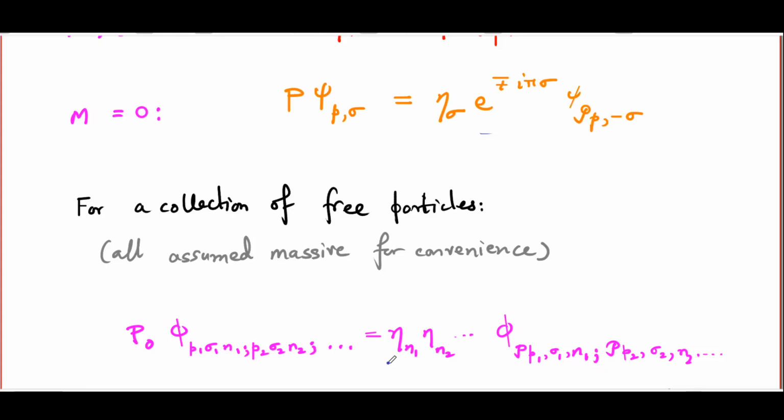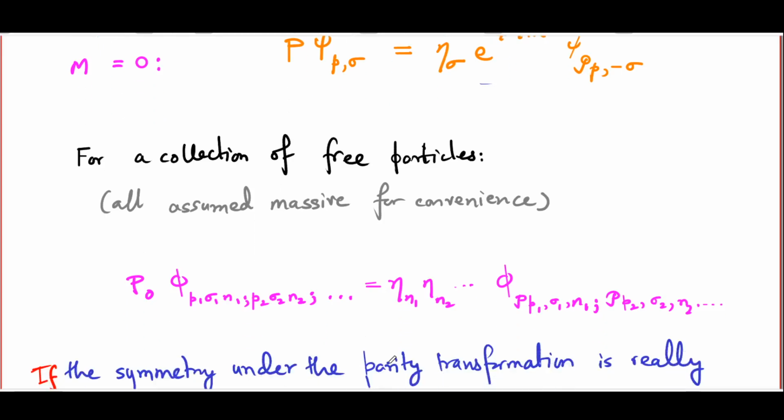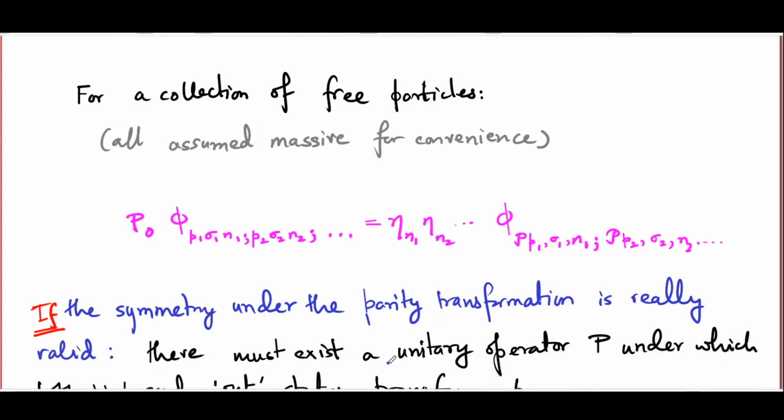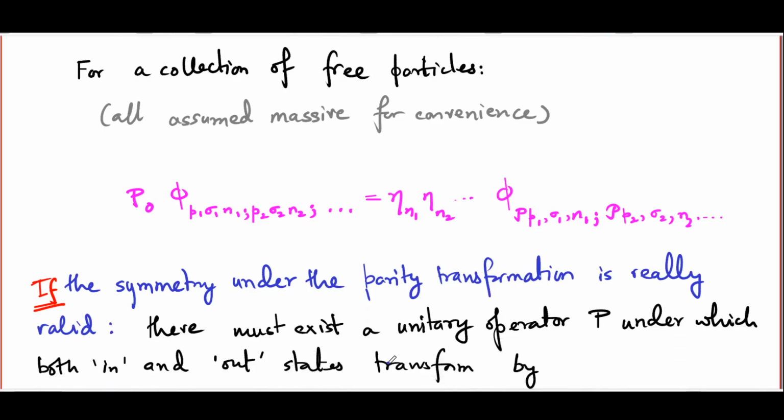Now, this would be the situation for free particles, which are of course not very interesting for us. What is much more interesting is what happens when you have interacting particles. And there, remember, we had talked about in states and out states, which essentially look like free particle states if measurements were made in the remote past or in the remote future. And the whole point of there being a symmetry under parity transformation is the following.